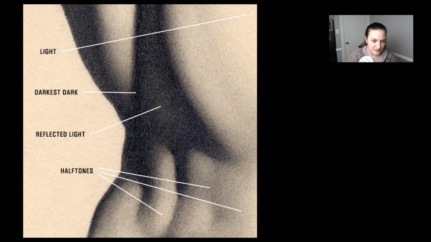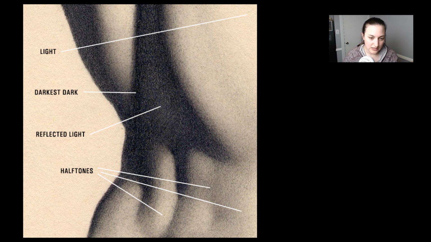So here are some examples of that, and again, they've labeled some different tone areas in here. The light, the darkest dark being the core shadow, and half tones. So we have kind of number 5 on the grayscale, which that really isn't, but half tones, so tones between, which would be the shadow, right?